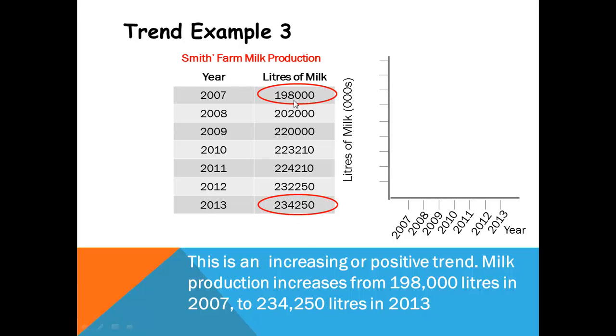If you have a look here, 198,000, what's the number just below that that is a nice tidy number? It's 195,000. And look at this number here, it's 234,000. Well, the next tidy number up is 235. So I'm going to run my scale from 195 to 235.